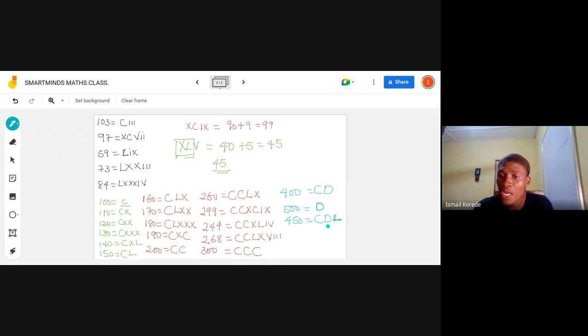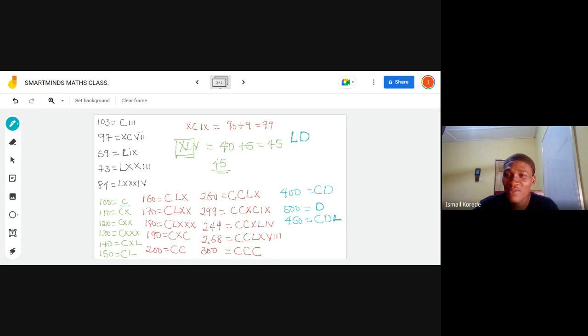We believe you agree with me that D is the biggest in this sequence of what I have taught you now. So if you have a small value in front of it, that means subtraction. So C before D, that's 400. Then 400 plus 50 gives 450. Mind you, you might be tempted to say, okay, I want to write 450, so let me just remove L from 500.